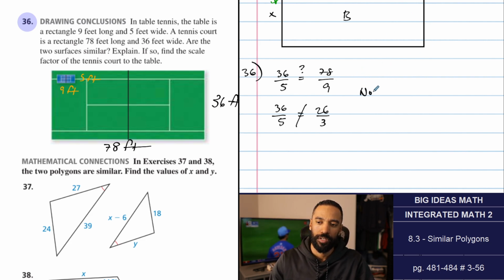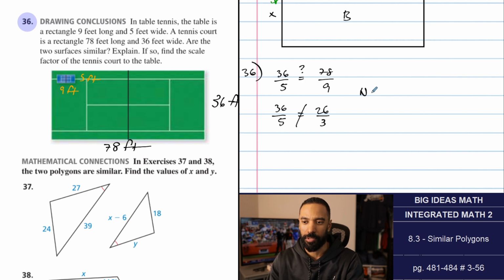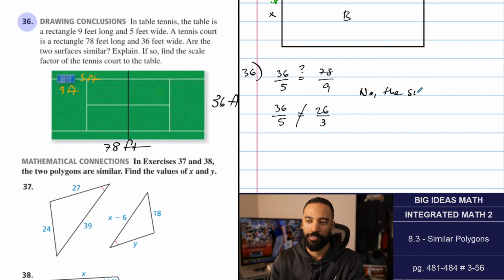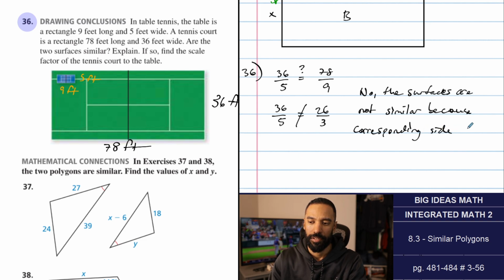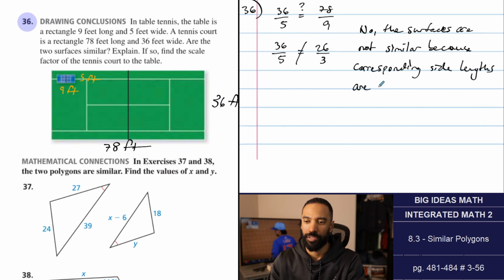No. The surfaces are not similar, because corresponding side lengths are not proportional.